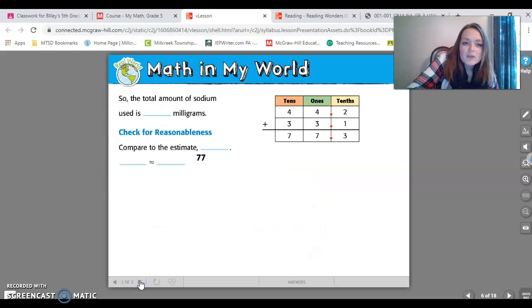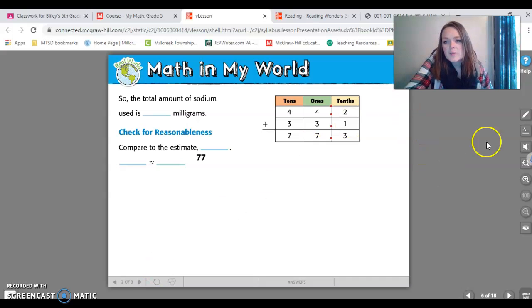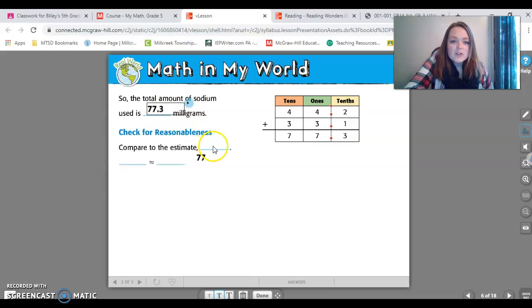So the total amount of sodium used is how many milligrams? 77.3. Compared to the estimate, we estimated 77. That is very similar.